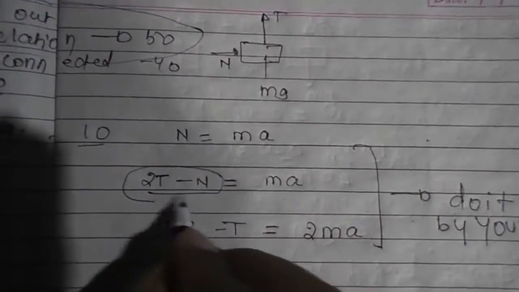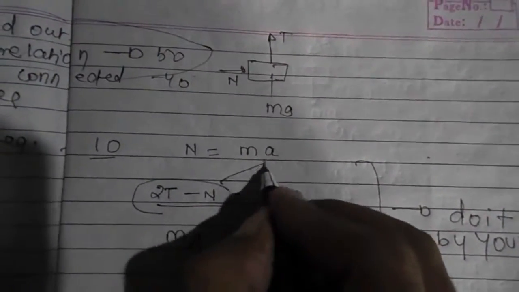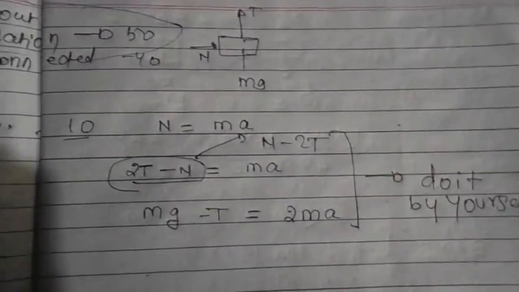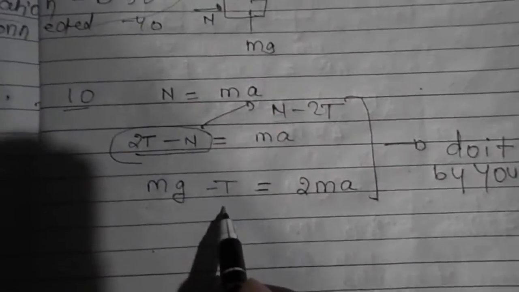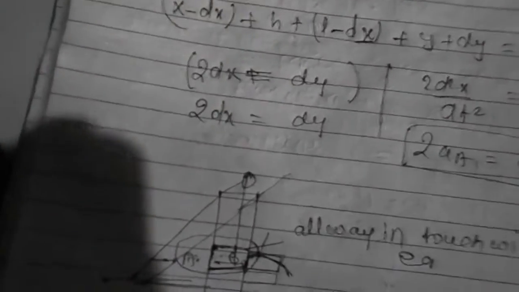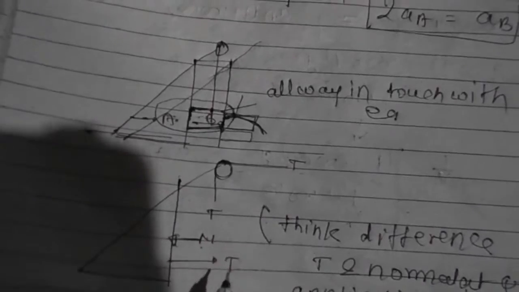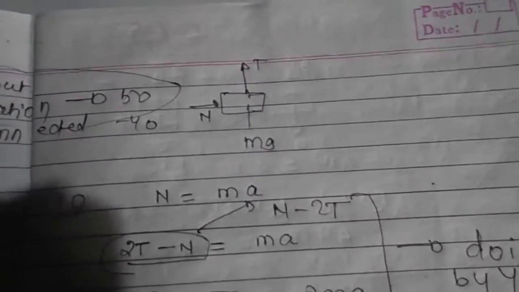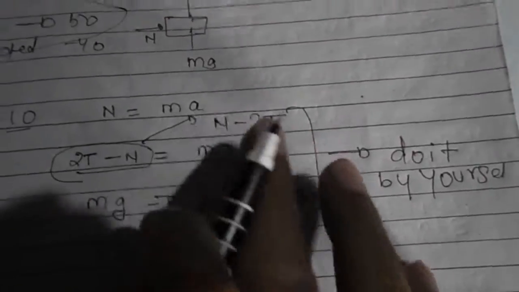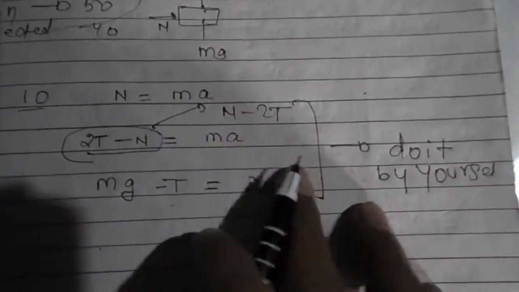Think about why I wrote this, not this. Why is the tension at this point the same, and here also the same, at each point? You should think about this. If you are able to think, then you are able to understand it. I'm not going to explain all this right now.